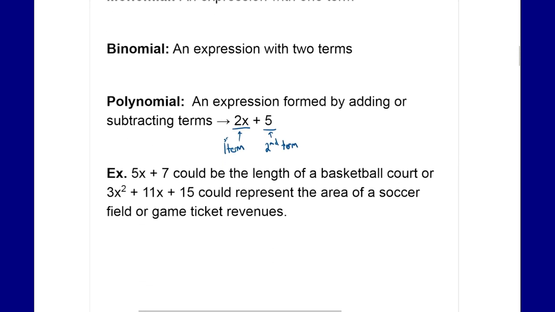So for example, if we had a polynomial like 5x plus 7, we could use that to be the length of a basketball court, or we can use another polynomial, 3x squared plus 11x plus 15, to maybe represent the area of a soccer field or game ticket revenues. So we can use polynomials or expressions to represent different things. We'll worry about that later. Right now, we're in the first couple lessons, we're just going to focus on working with some polynomials.